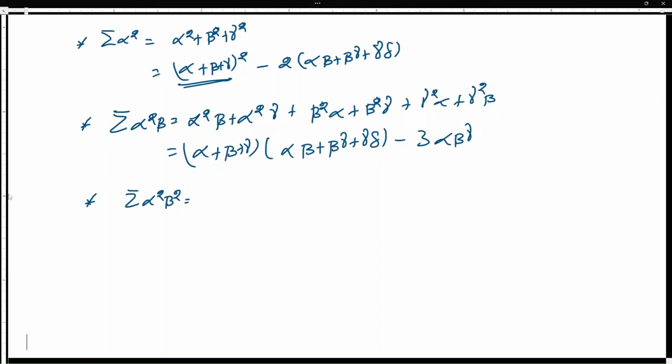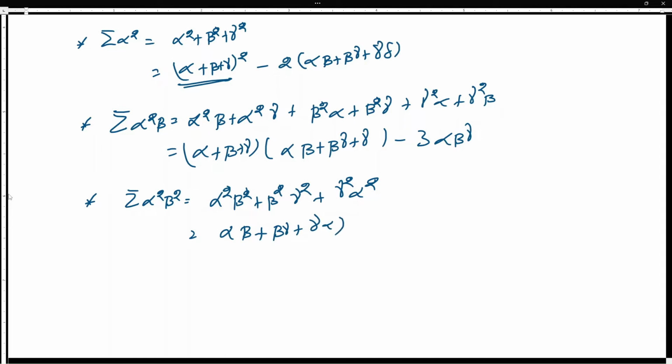When doing this, it will be alpha square beta square plus beta square gamma square plus gamma square into alpha square. So it will be alpha beta plus beta gamma plus gamma alpha.